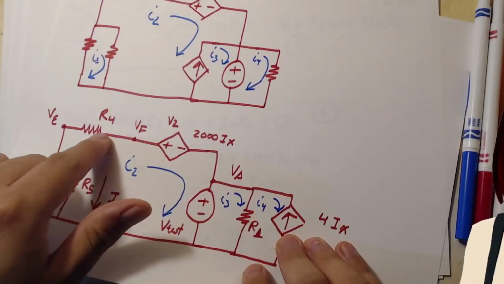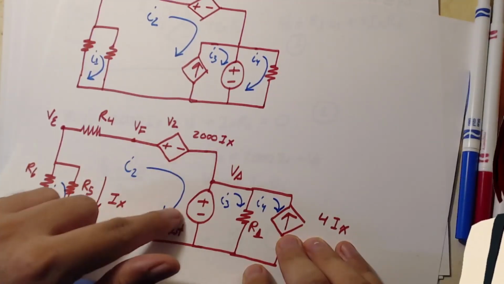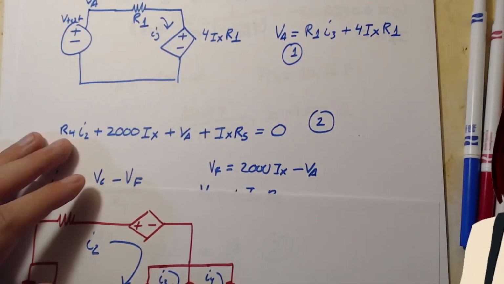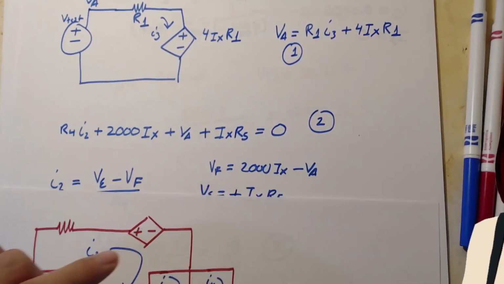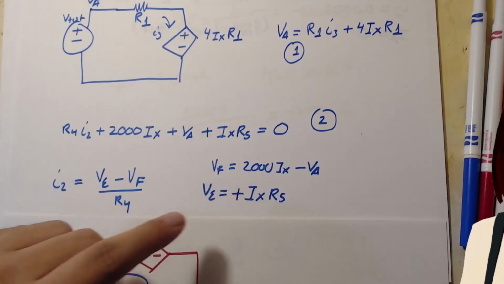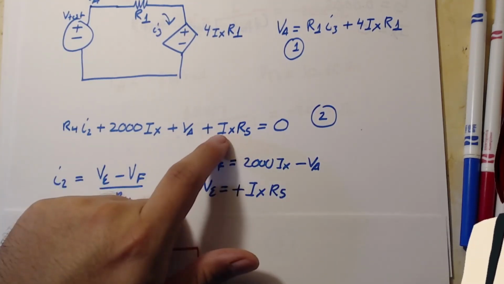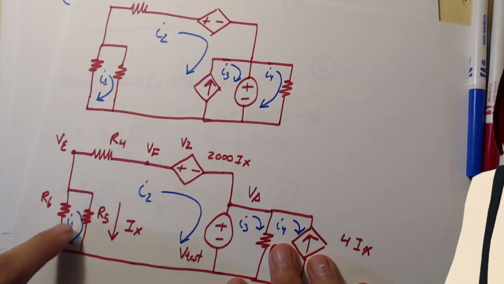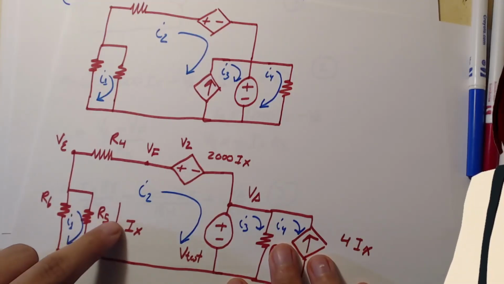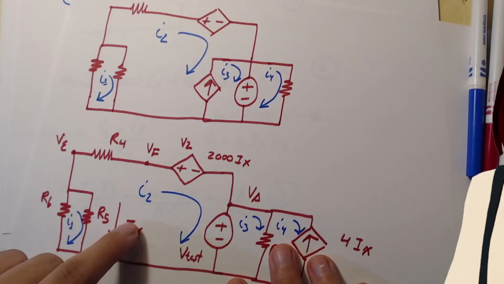From inspection, we know what VF is, and we know I2, and we also know VE is IX times R5. So we eliminated this guy by substituting it with the dependent variable.